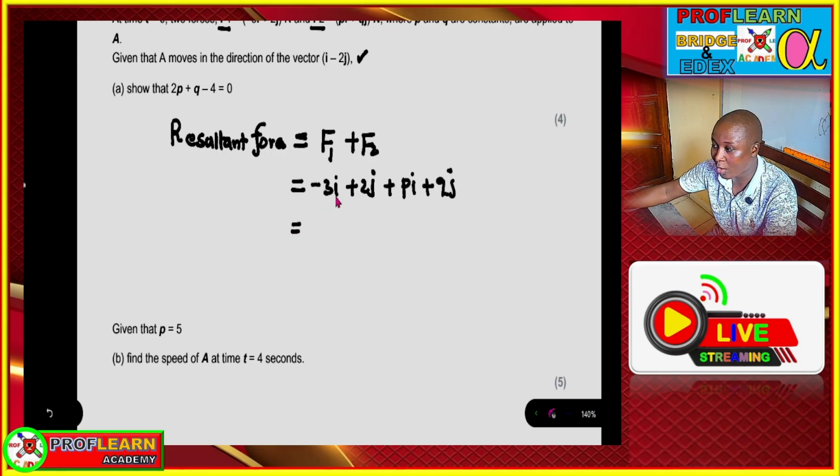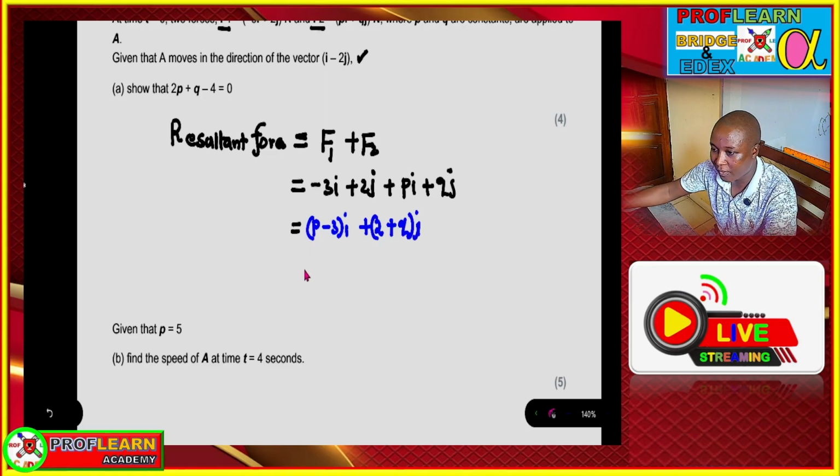So for instance, you add I to I and J to J. So this translates to P minus 3I, because negative 3I plus PI is P minus 3I. And then we also have plus 2 plus Q, and this is our J component.